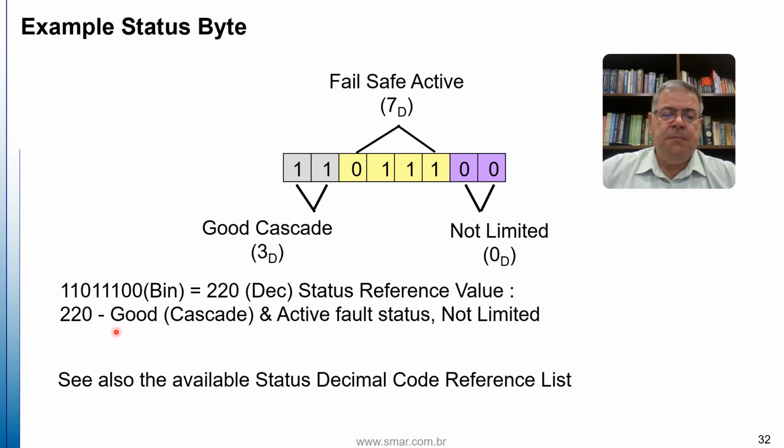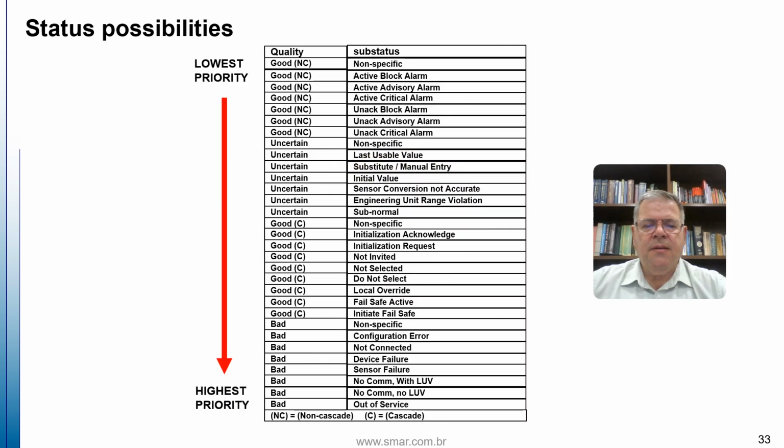There is a table for status codes. We need to consult this table with its priorities. Here's an example of a table for statuses and substatuses. Status good.